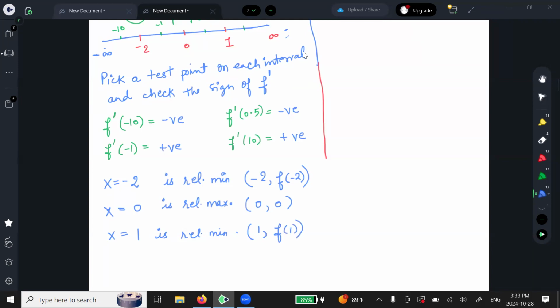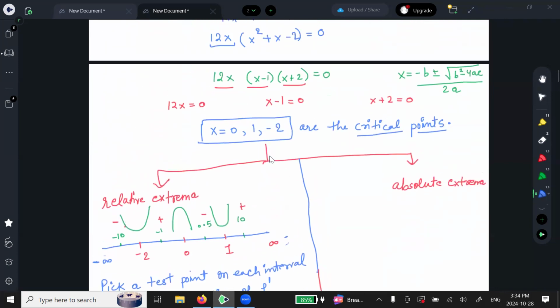Now for absolute, the work is reduced exponentially. You'll see in a minute. In the actual original function, f, not f prime. For absolute, yes, that's what we're going to use.